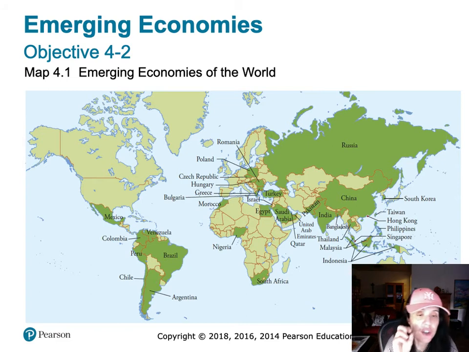So Russia, China, India, Brazil, Colombia, Chile, Turkey, Saudi Arabia. These are the emerging economies of the world which are in the process of transitioning. So they are in the process of developing, and they're in the process of transitioning to a more developed economy. But not all of these economies are at the same level.